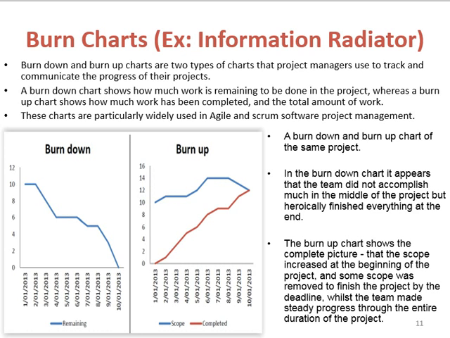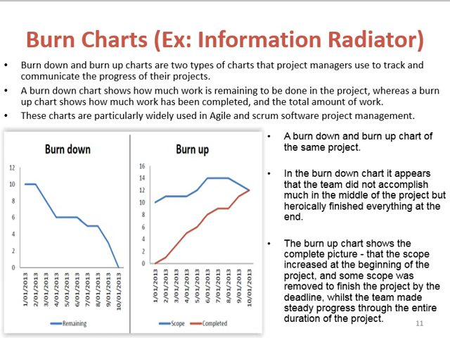A burn down chart shows how much work is remaining to be done in a project, whereas a burn up chart shows how much work has been completed. Just remember: up is completed, down is remaining. Remaining or completed of what? The total amount of work.